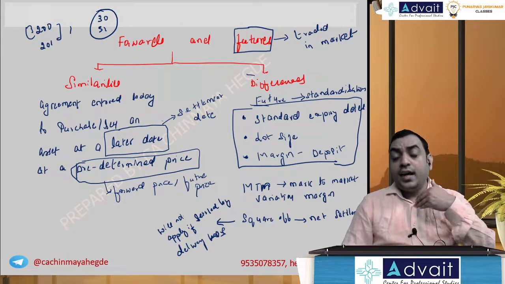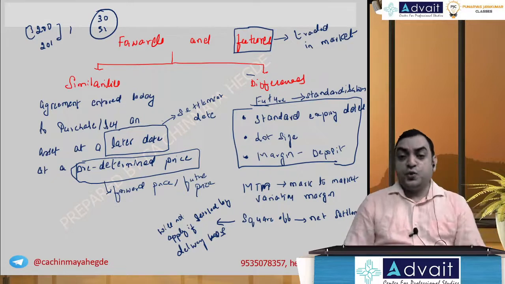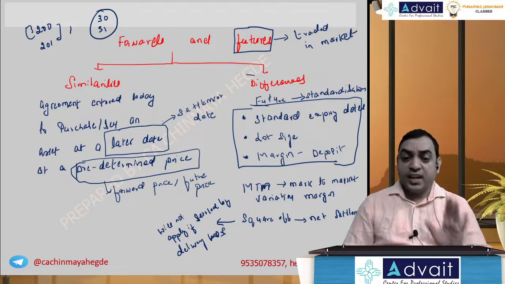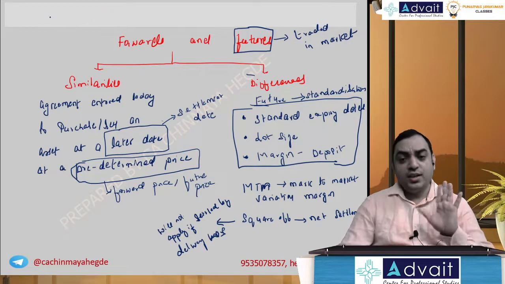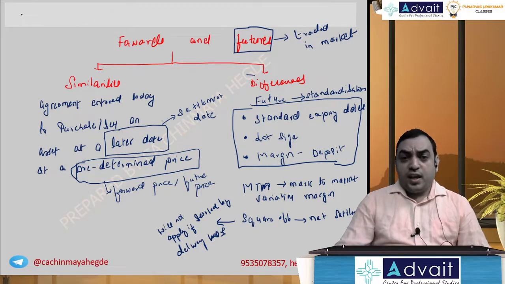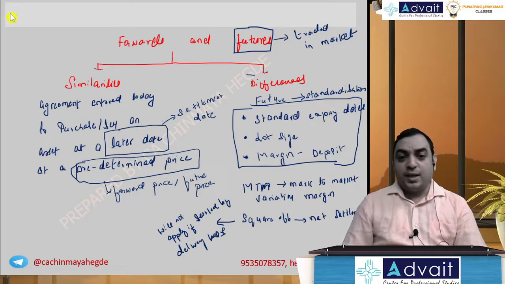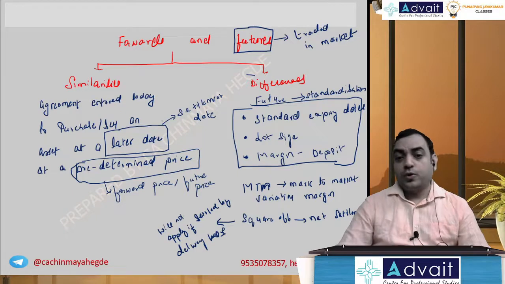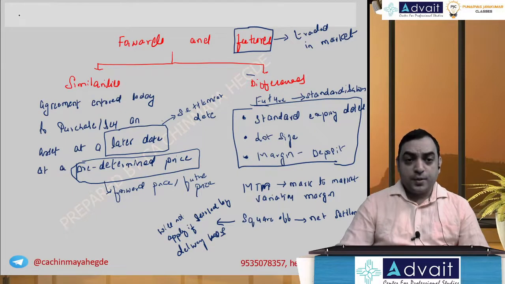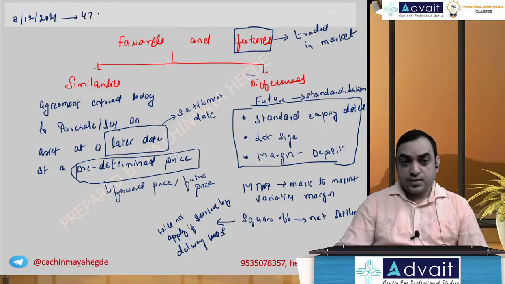Now, how we execute net settlement in futures, that is called square off. Let me explain what square off means. Please try to listen. Today you entered into, for example, same example I will take, some 478 rupees, like Tata Motors. So you signed a future price today on 3rd December 2021, when Tata Motors price is 479.